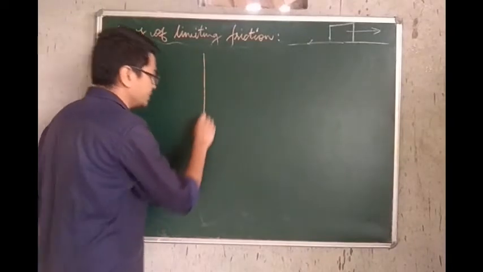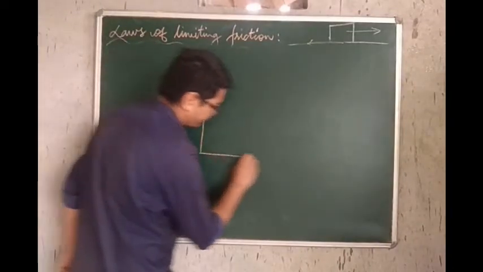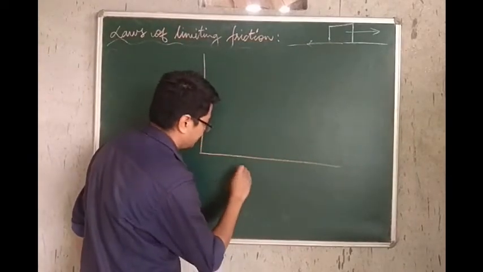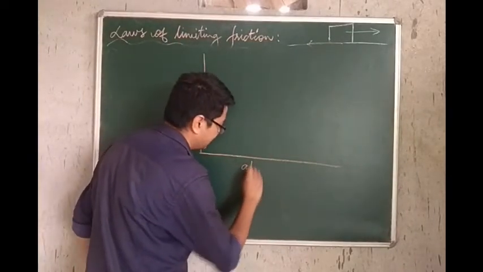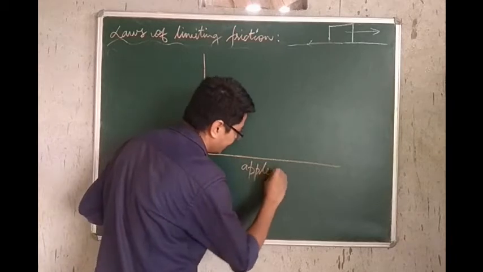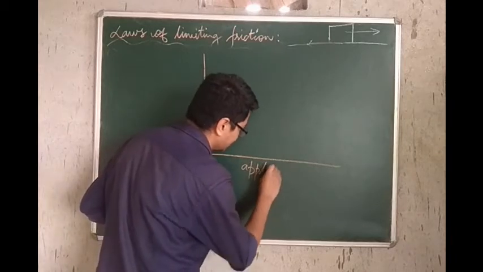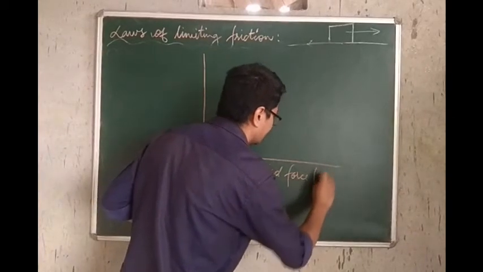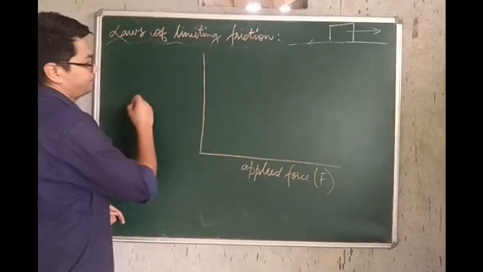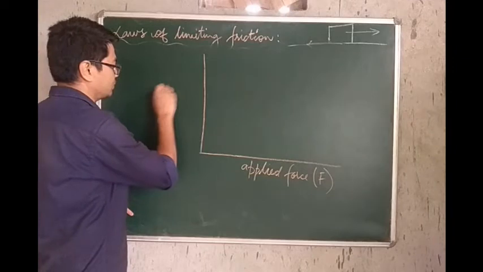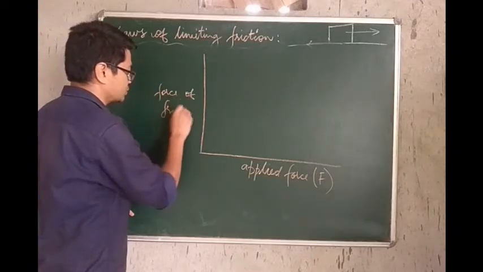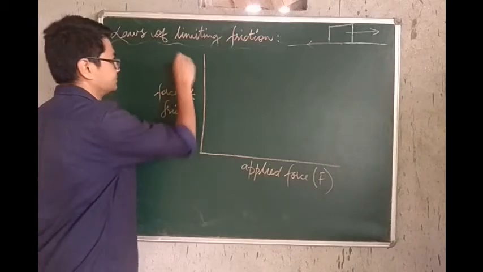You might get to draw it in the exam also. This is the applied force, the external applied force, capital F, and this is your force of friction along the y-axis.